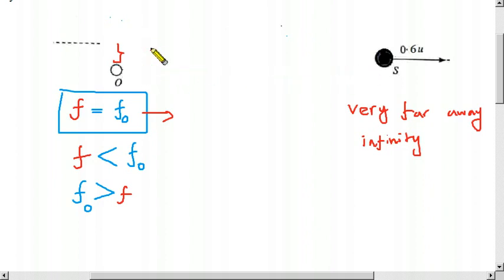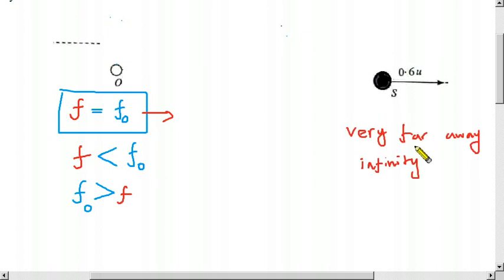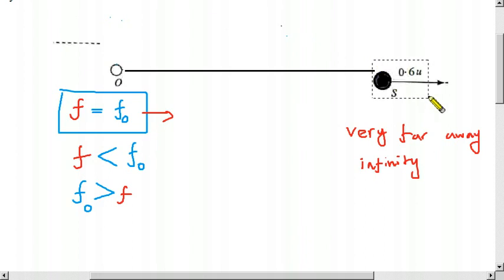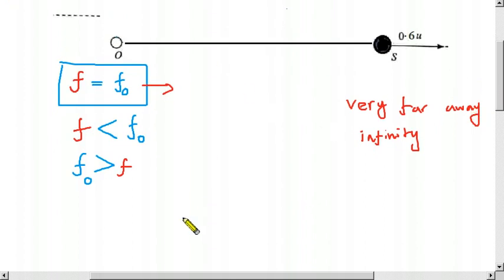So if it is very far, you can silently move it to the same line. To the same line you can move it if it is very far away, that means if it is at infinity. Then you can use the equation, because this distance is negligible, so they are directly moving away.